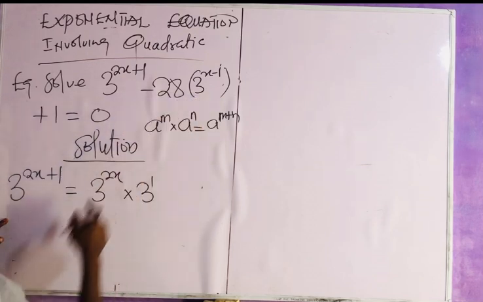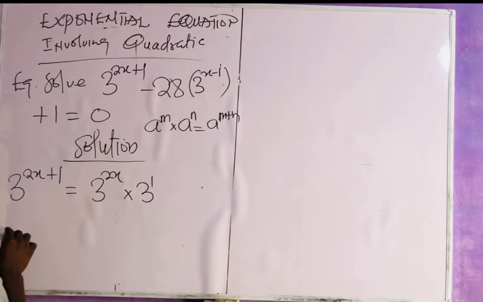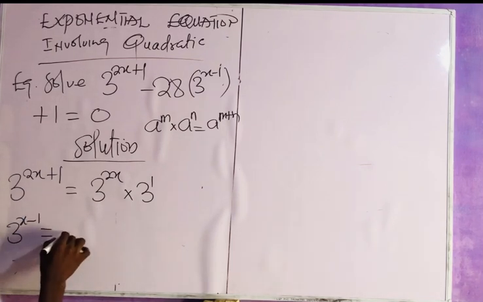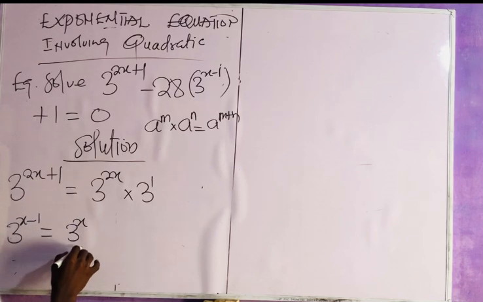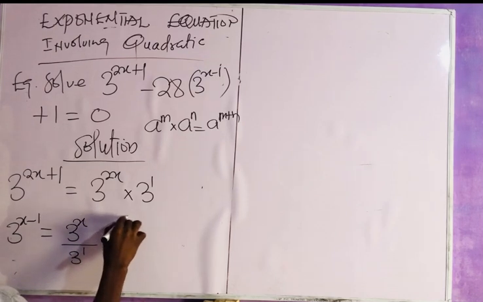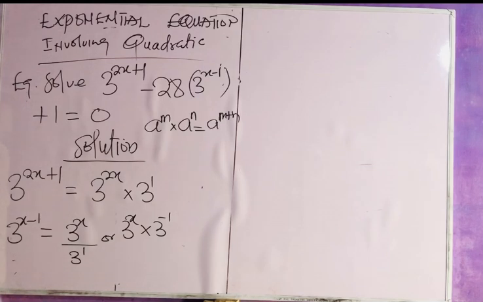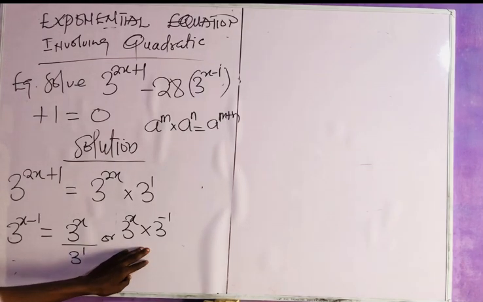The same thing applies to what is in the bracket. This one too can be written as 3 to the power x minus 1. You can also write it as 3 to the power x over 3 to the power 1, or 3 to the power x times 3 to the power negative 1. Any of this is correct. So that's how you are going to write that.